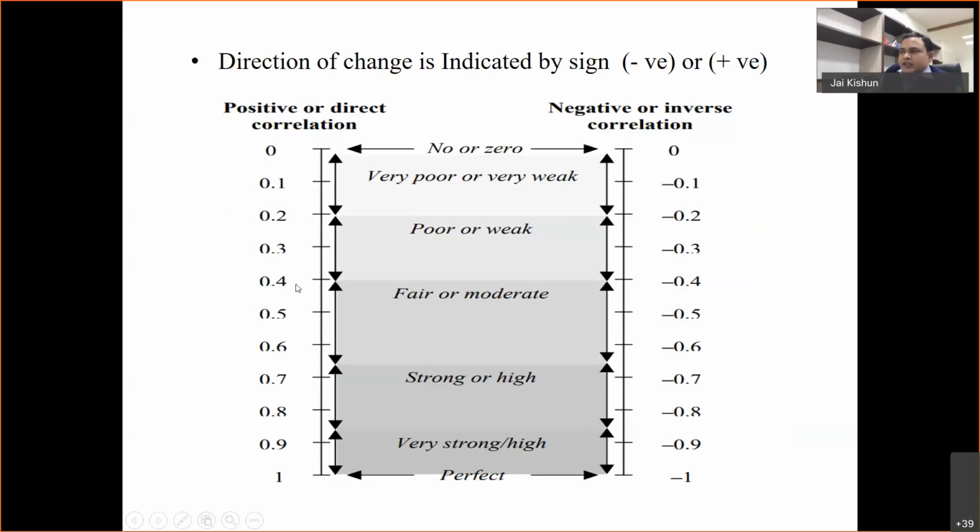Moderate, you can consider 0.4 up to 0.6 or 0.7, similarly in the negative case, and the rest you can consider poor or weak correlation.